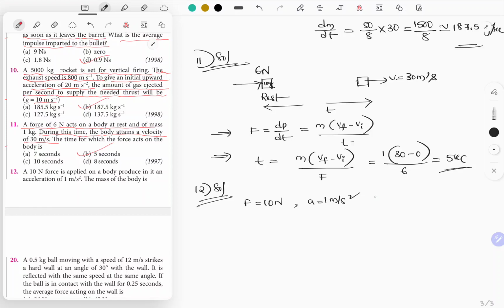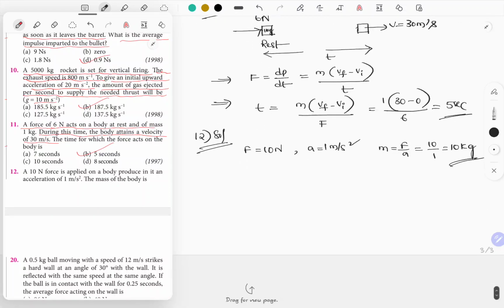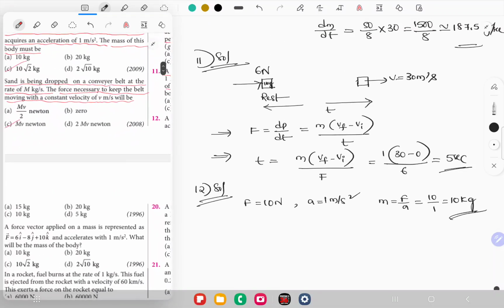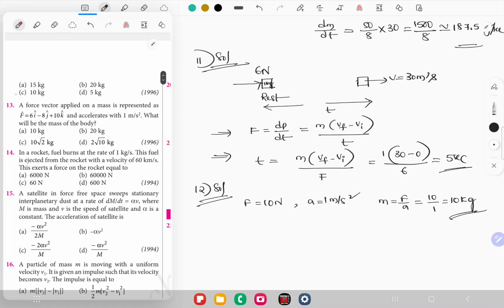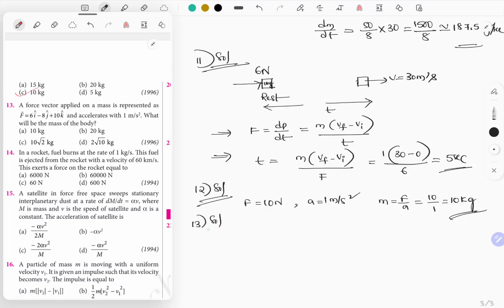The mass of the body they're asking, so mass is equal to F by a, which is equal to 10 by 1, which is equal to 10 kg. What is there to answer? Next, which option? Option C is correct.